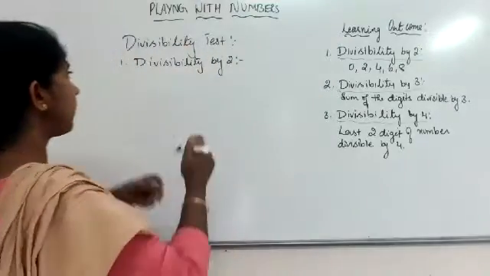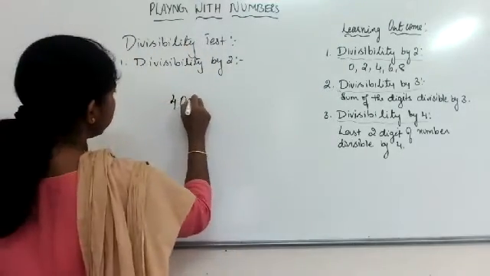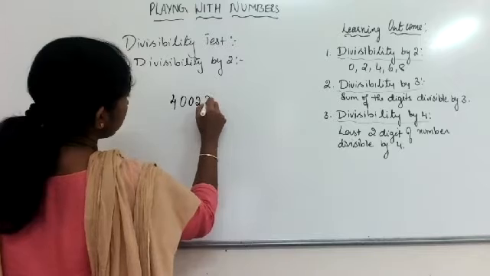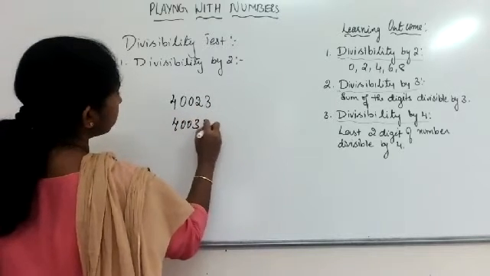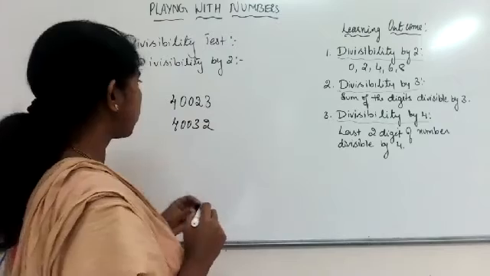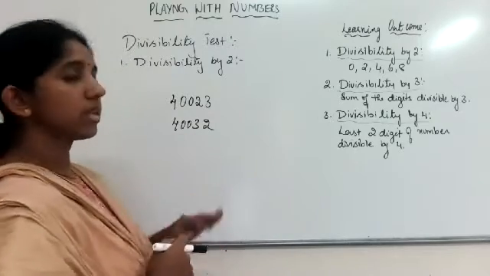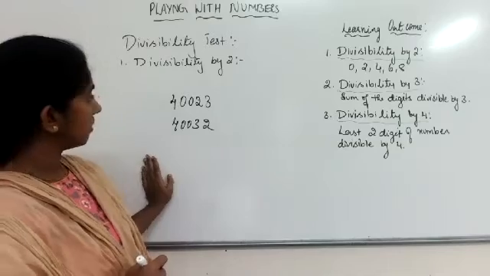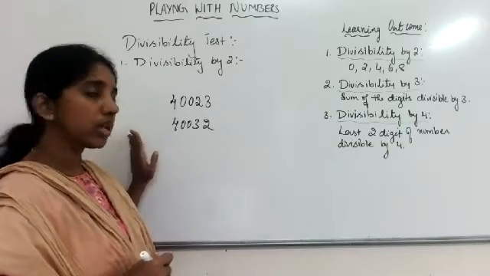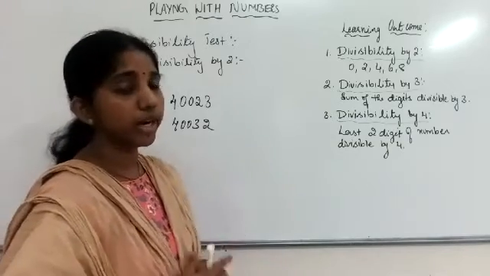In case I write two numbers, 40,023 and 40,032, I want to find out which one is divisible by 2.